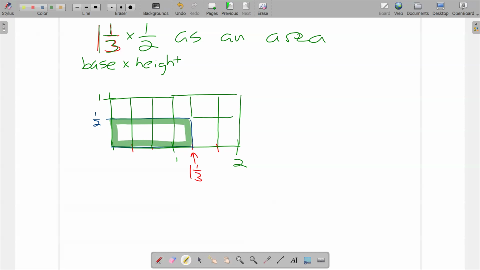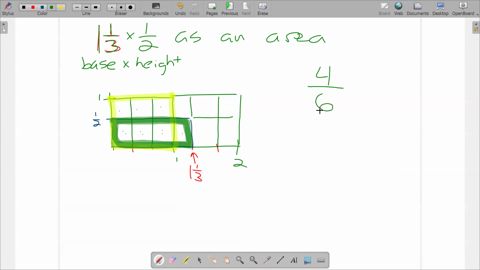So I'm going to add another highlight in here. Let's use yellow. So again, this is what a whole is. And this is my area there. So one possible answer here is to just say, well, I have 1, 2, 3, 4 pieces in my area. And I know there's 1, 2, 3, 4, 5, 6 in a whole.